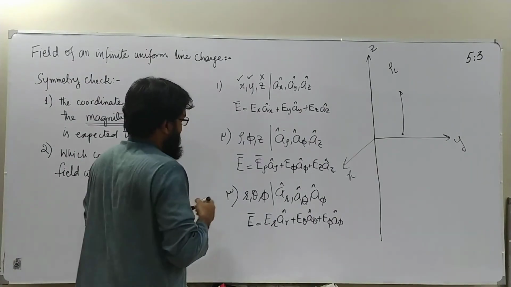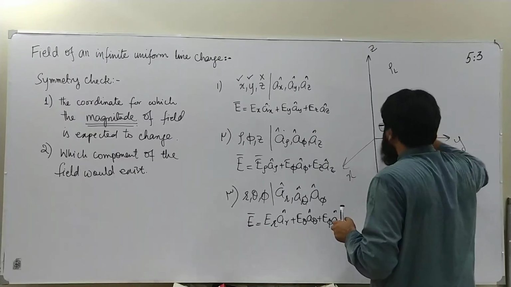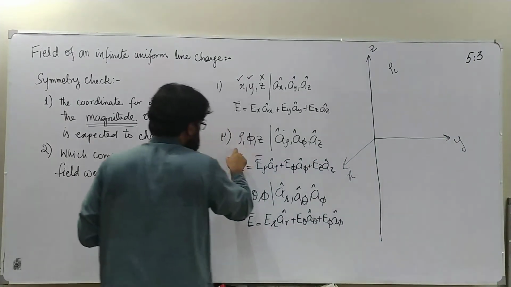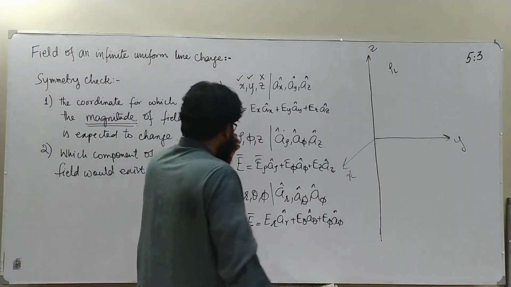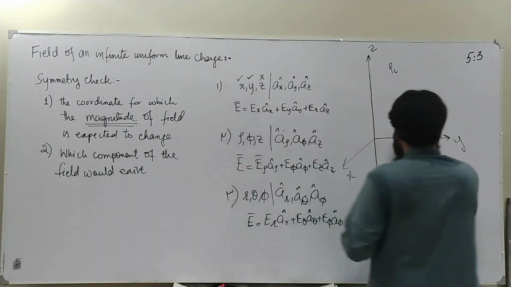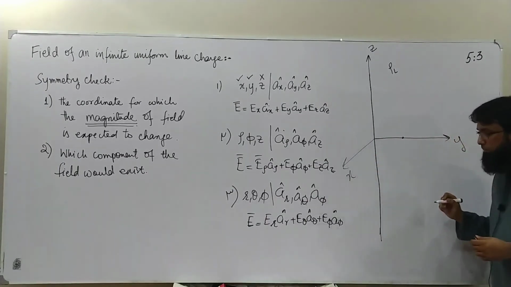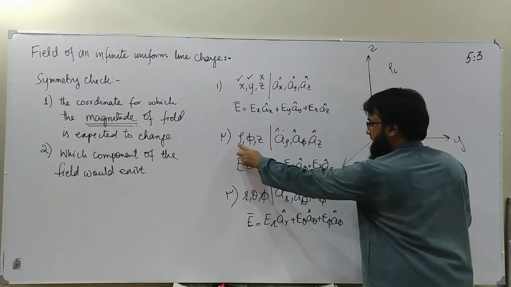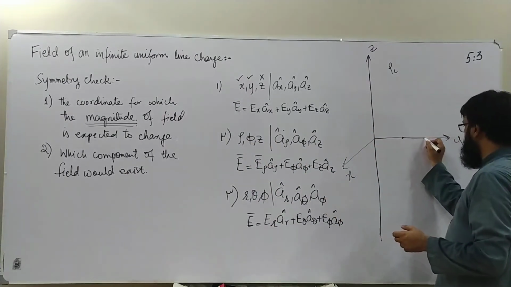Okay, all right, so how about if we use cylindrical coordinate system. In cylindrical coordinate system, if I am at this point, let's say, meaning I am on a cylinder, and if I change only this, keeping these two constant, it means that I am moving in this direction.